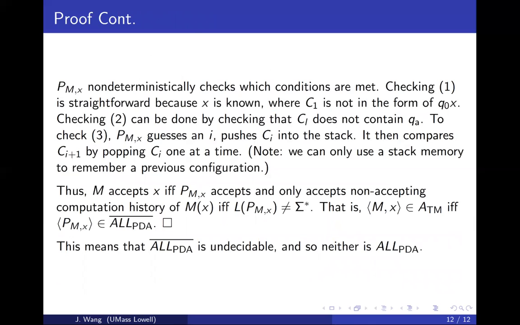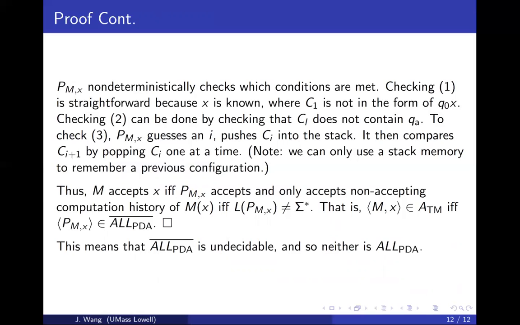To do so, P sub M comma X non-deterministically checks which conditions are met. We have three. Checking 1 is straightforward because X is known, so checking whether C1 is an initial configuration is easy. Checking 2 can be done by checking that CL does not contain QA. That's also easy.